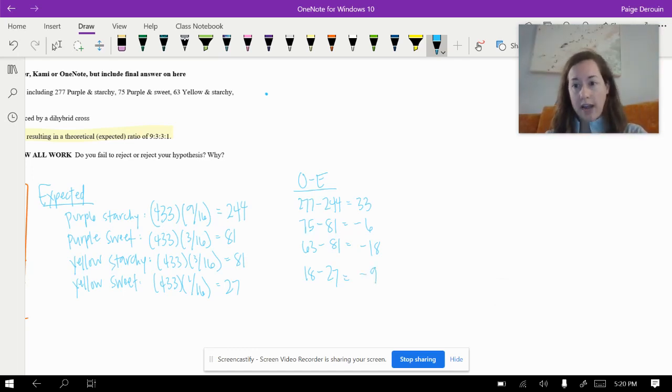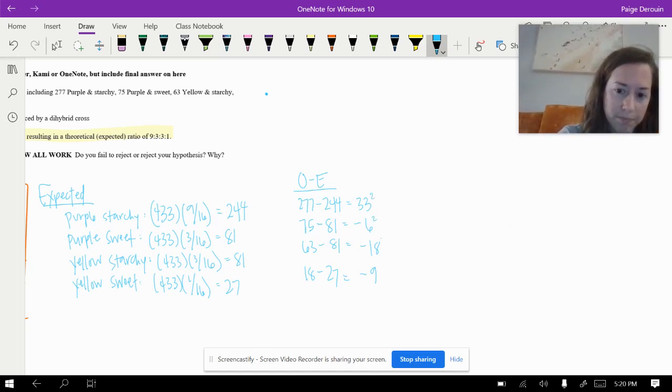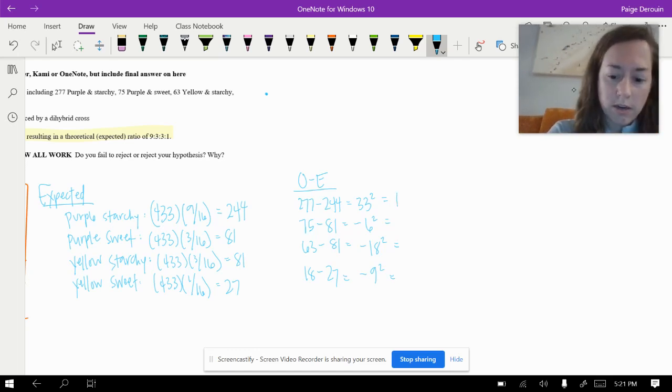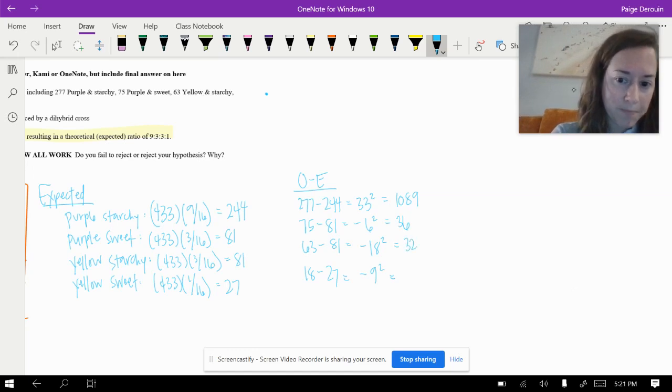All right, so now we can square those values. So square all of them. We'll do 33 squared, which is 1089. -6 squared, it doesn't matter that it's negative anymore because you're squaring it, is 36. 18 squared is 324.